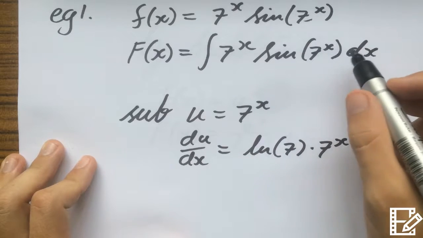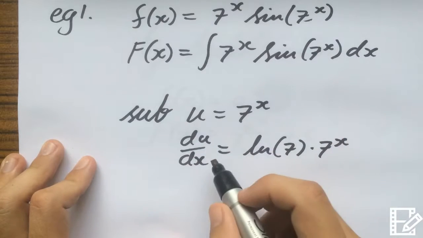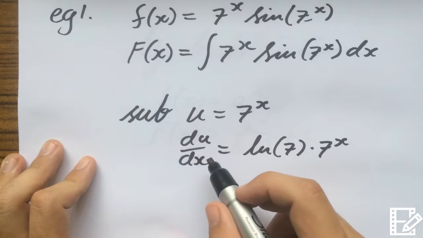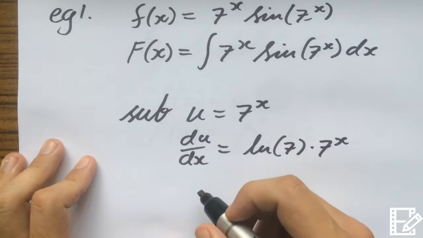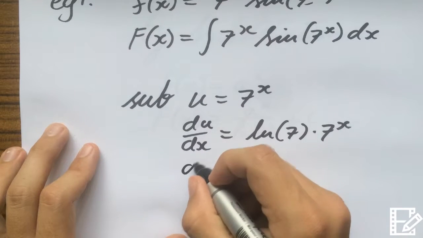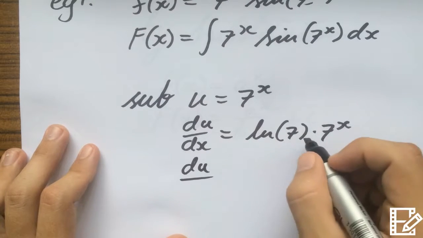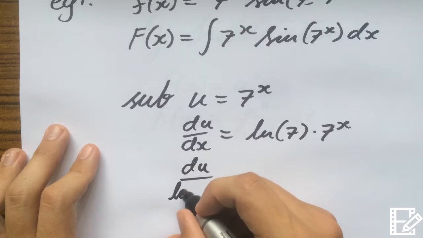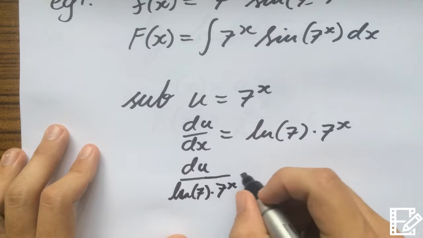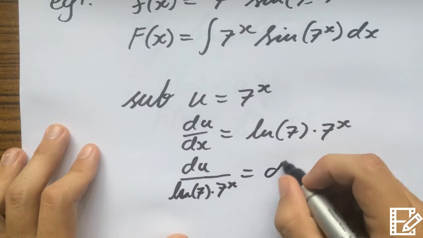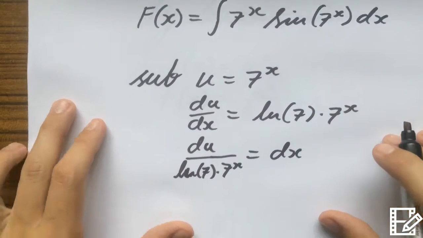This dx is multiplied onto this, therefore we can use it. If we isolate this dx, we can use something and replace it in here, which is what we're going to do. So, if we keep the du where it is, multiply the ln 7 multiplied by 7 to the power of x down, and multiply the dx up, we get dx on its own.